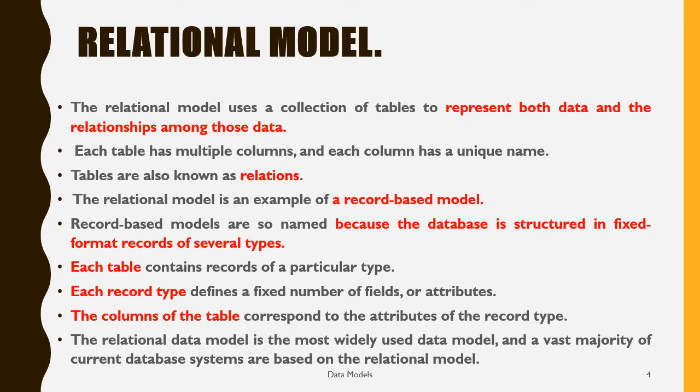For example, consider a student database. A student database may contain multiple tables like student personal details, students' academic details, students' extracurricular details. So the database is student, which contains multiple tables like personal details, academic details, and extracurricular details.